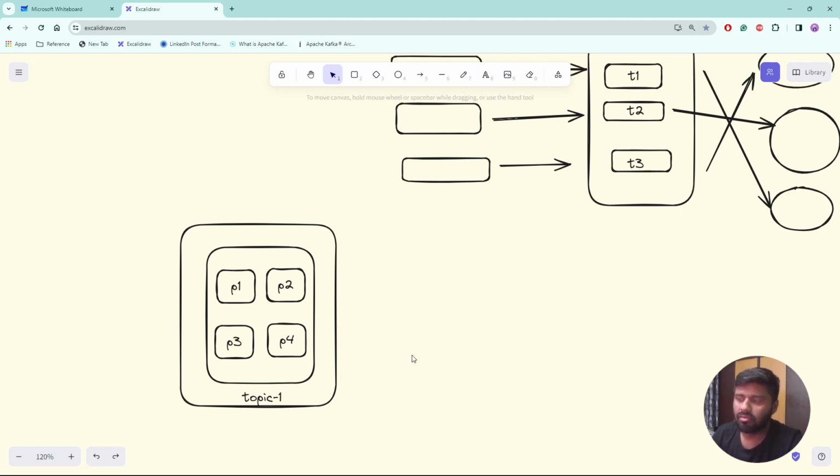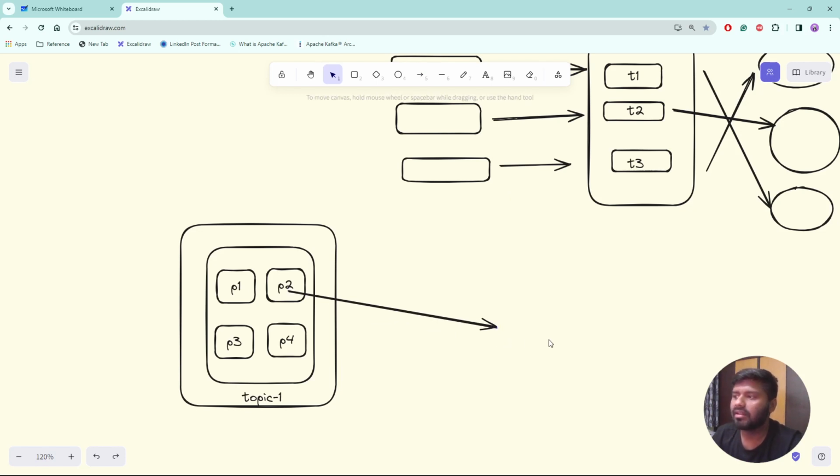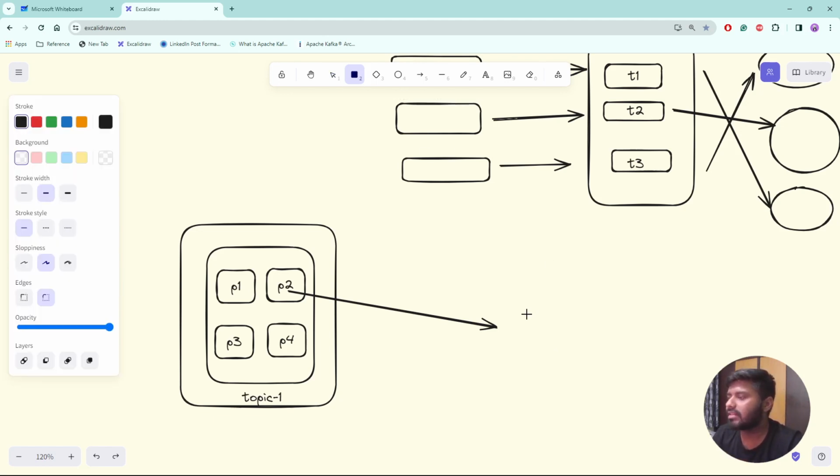Makes sense? We will understand why we need another layer, which is called partitions. Now if we drill down into this specific partition and how a partition works, partitions internally save our data like this.